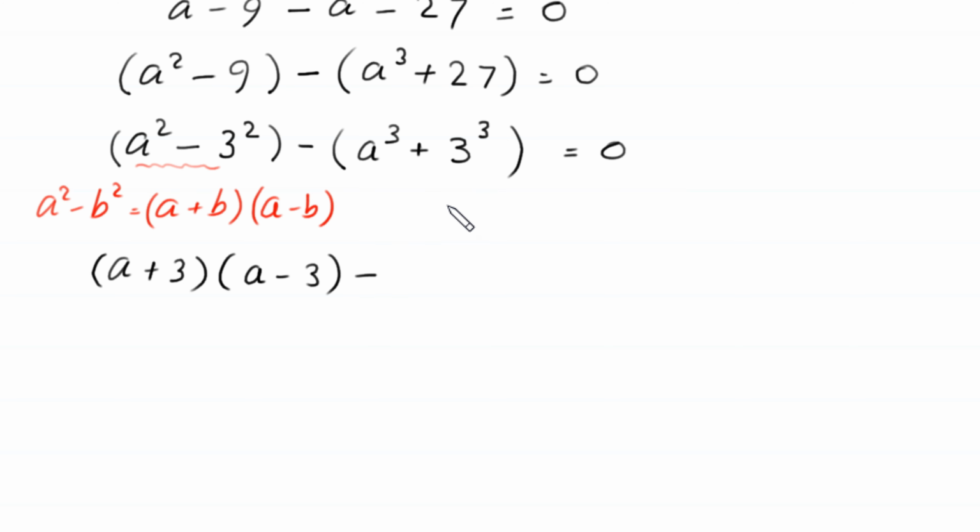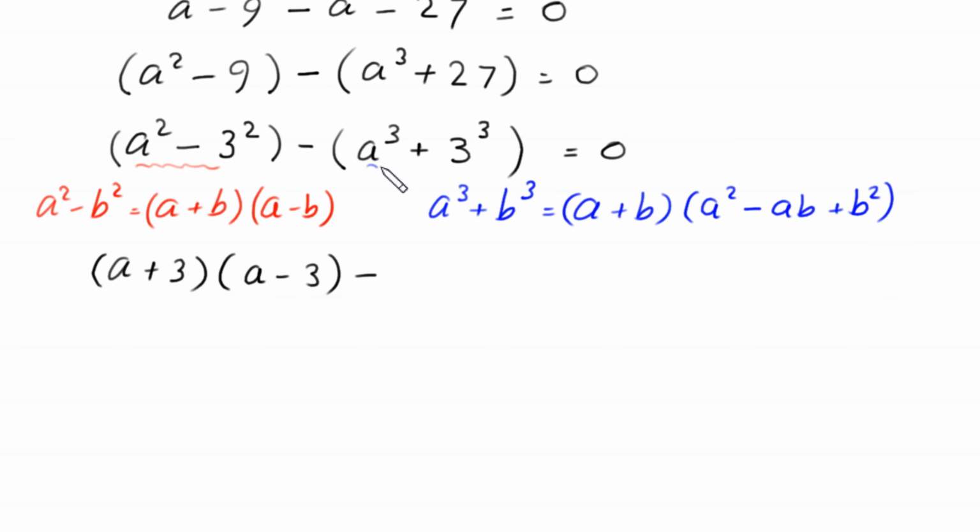So by using this algebraic identity, a cubed plus b cubed is equal to a plus b times a squared minus ab plus b squared. This a cubed plus 3 cubed will become a plus 3 times a squared minus 3 times a plus 3 squared or 9 is equal to 0.